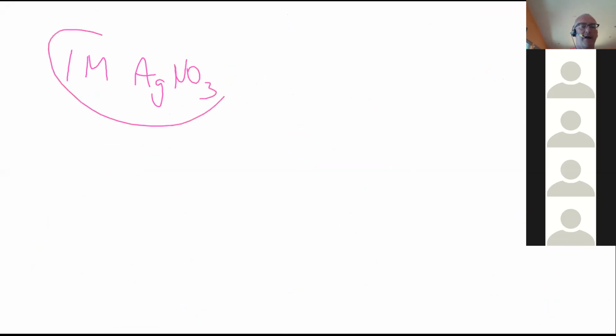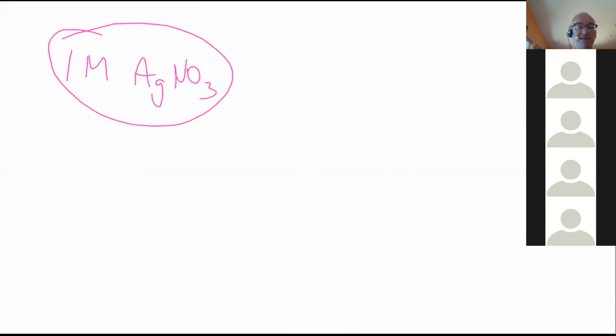I want to draw in, let's do purple. So let's say I have a 1 molar solution of silver nitrate. I'll reach for a bottle, and it'll say 1 molar silver nitrate.